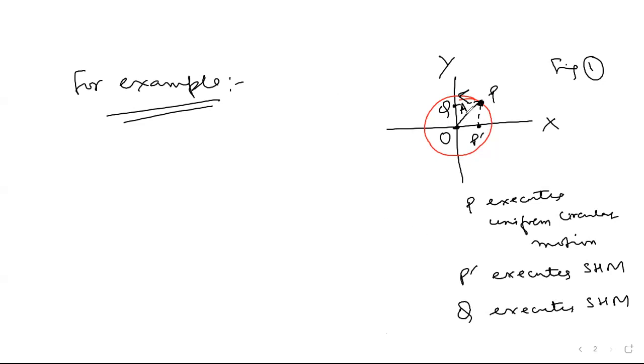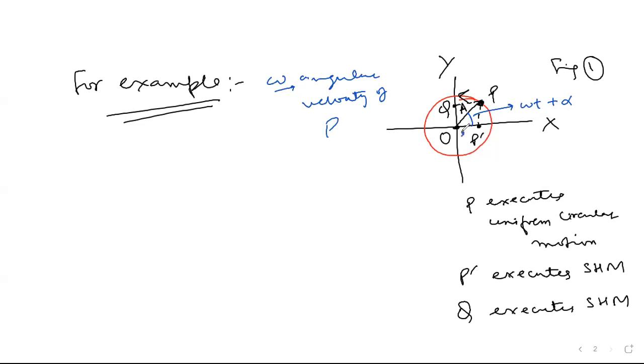Let the angle formed by the OP vector at time t be omega t plus alpha. t is time, omega is the angular velocity of P, which we are assuming to be constant because the motion is uniform circular motion. t is time, alpha is some constant, right?